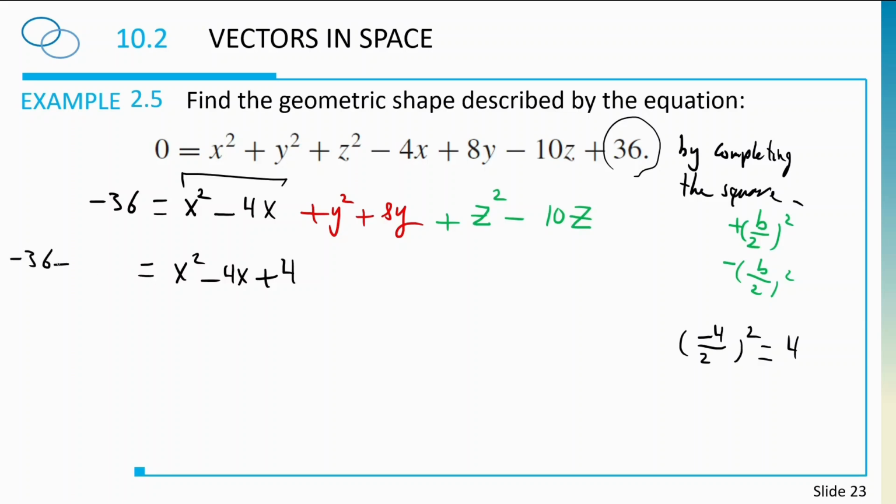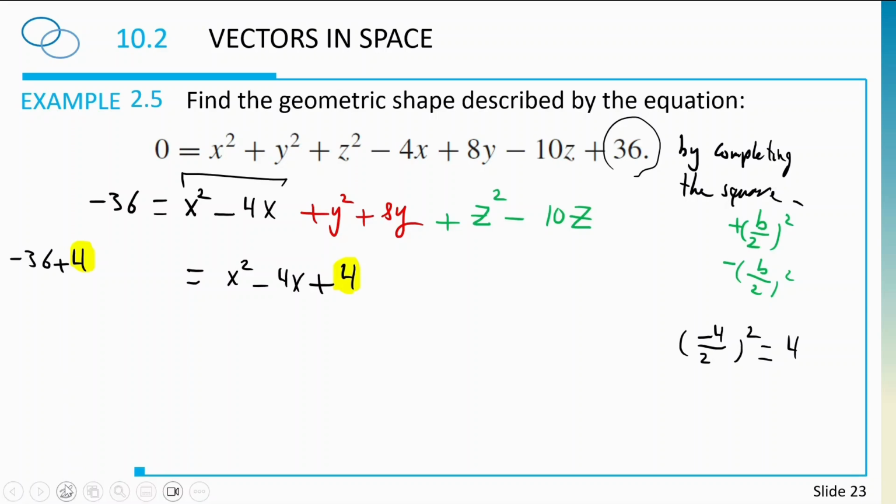Minus 36 plus 4. Let's make some space for the coming terms. So this is x squared minus 4x plus 4, and I added 4 on both sides here and there. Again, you could do plus minus on the same side.